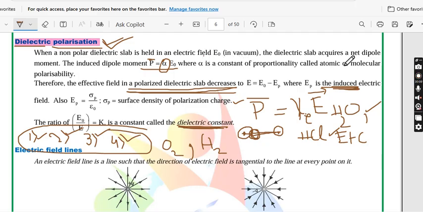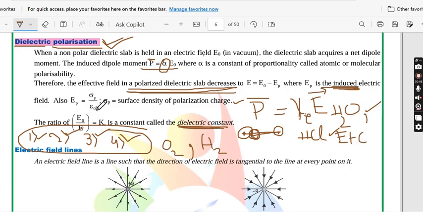When a nonpolar dielectric slab is held in an electric field E naught in a vacuum, it acquires a net dipole moment. The induced dipole moment is P bar equal to alpha into E naught, where alpha is the atomic or molecular polarizability. The effective field then decreases: E is equal to E naught minus EP, where EP is the induced electric field given by sigma P divided by epsilon naught, where sigma P is the surface density of polarization charge.